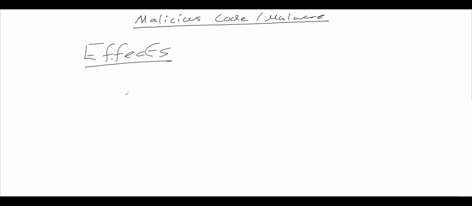So the effects of malware can range from simply displaying annoying messages to the user, all the way up to deleting files, corrupting files, encrypting files, or even crashing the computer and things like that. So there's a wide spectrum of impacts that installing malware on a computer system can potentially have.